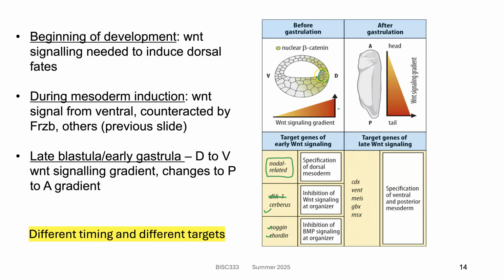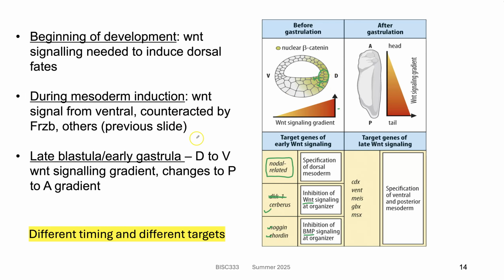That's why there is this feedback, where Cerberus, Noggin, and Chordin are activated by Wnt, and then they are part of the inhibitors of Wnt and BMP later in development as well. So Noggin and Chordin inhibit BMP, and Cerberus inhibits Wnt signaling right in this region. So this area clears of those kinds of signals.